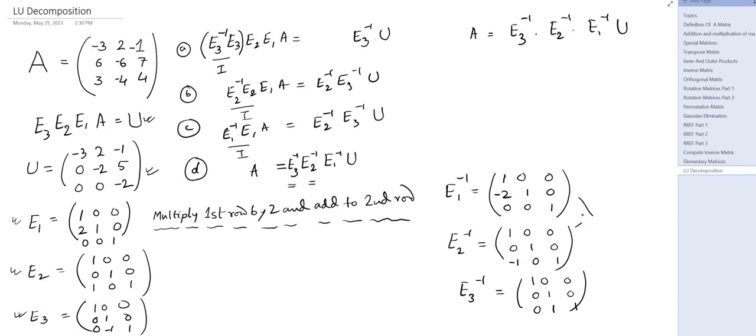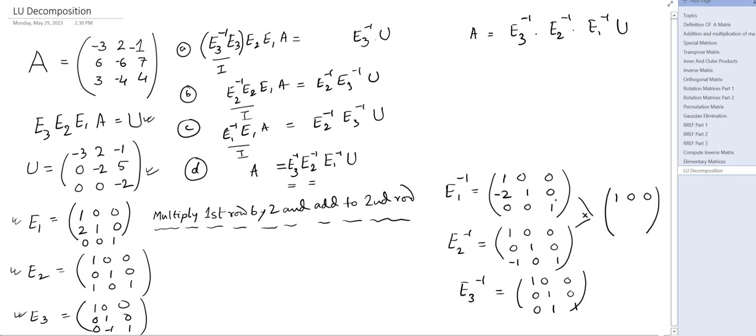If I multiply these two, what will my result be? With simple multiplication, the first row is 1 0 0, the second row is -2 1 0, and the third row is 0 -1 1. So that's the multiplication.